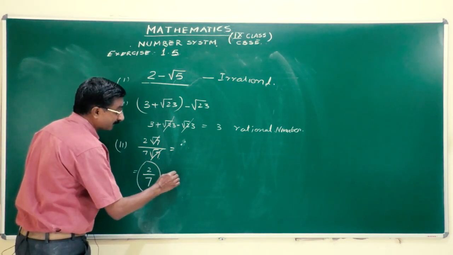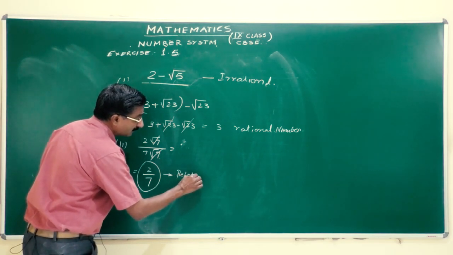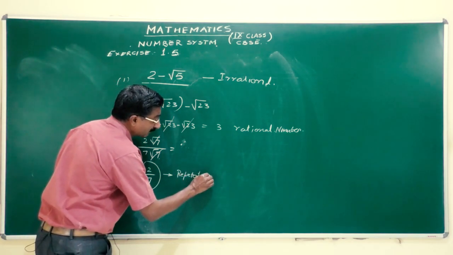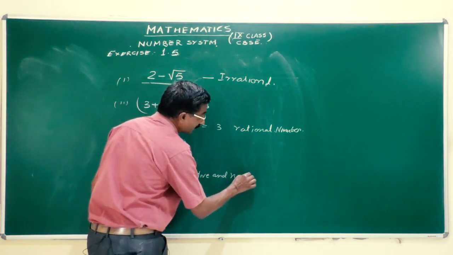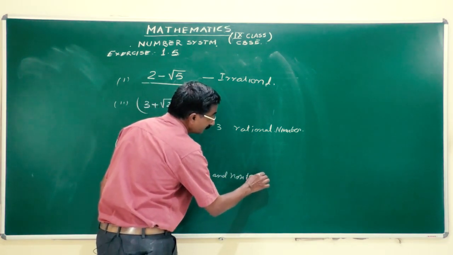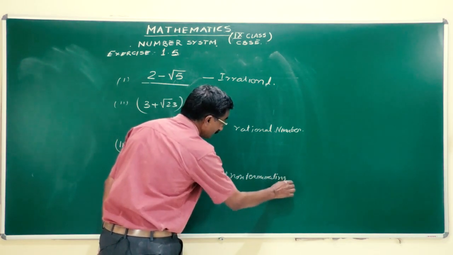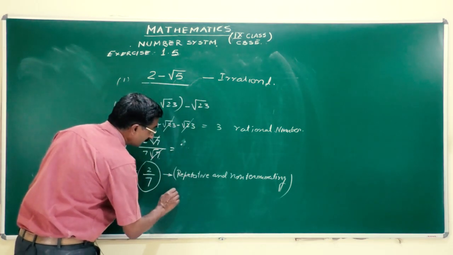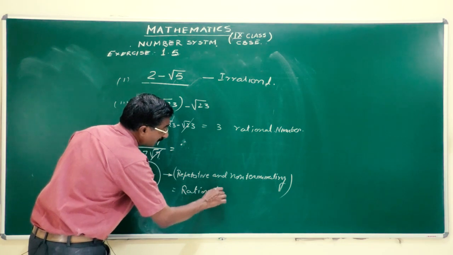You know this. This is repetitive and non-terminating. So it means this is a rational number.